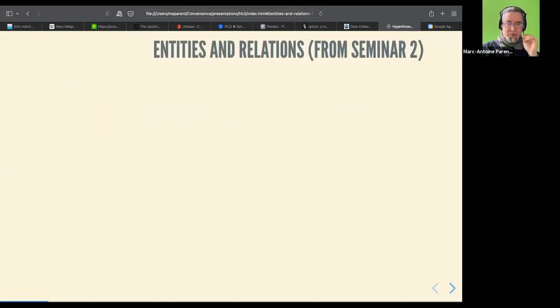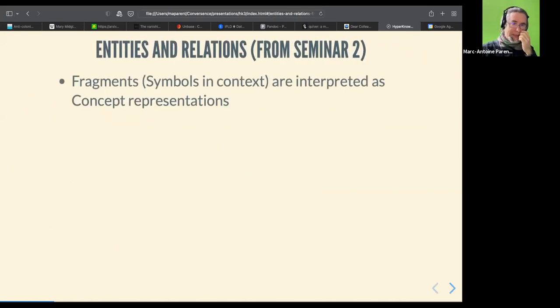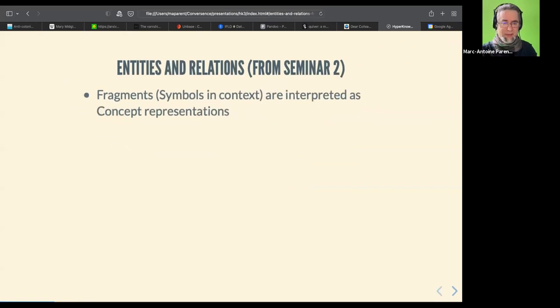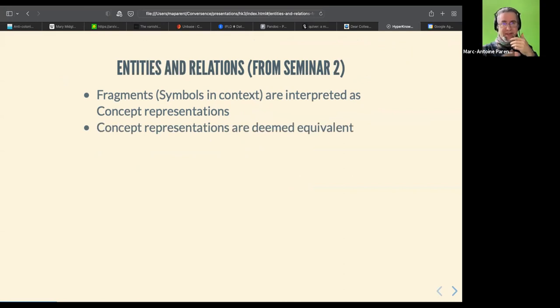So yeah, trying to get more formal. What we said last time: symbols in context are interpreted as concept representations. So interpreted is a key idea. Concept representations can be deemed equivalent, and so we get the concept as an equivalence class.